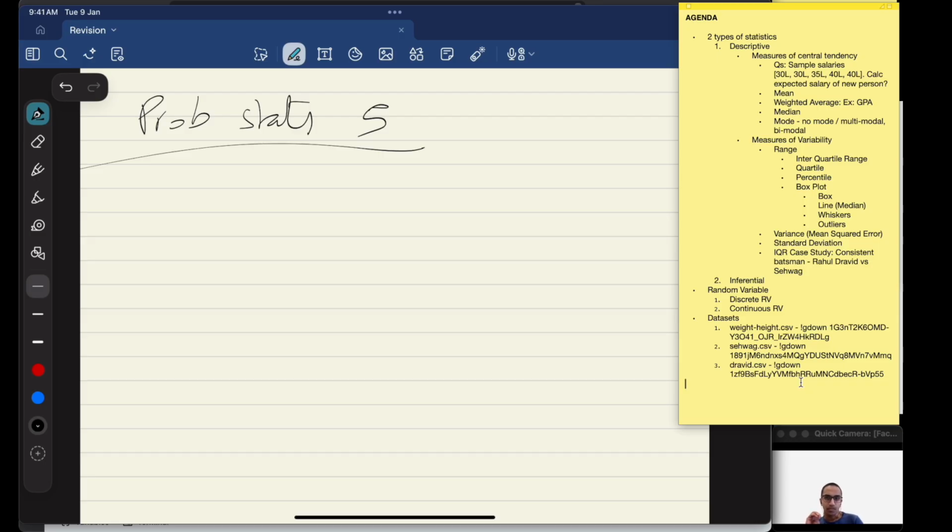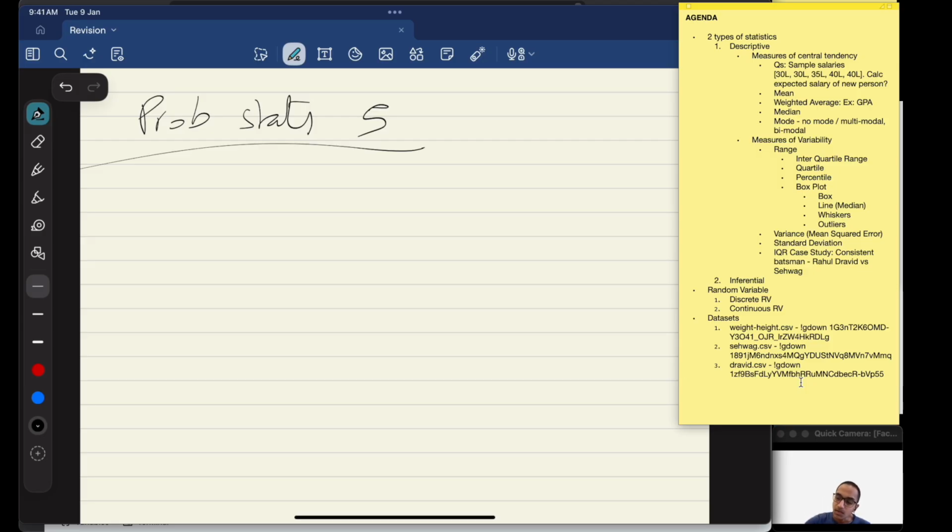Just to give you an example, you will see this in action in Google Maps. If you click on directions and start following it, it occasionally tells you the expected arrival time: you'll reach in 15 minutes, you'll reach in 10 minutes. So that is inferential in action.